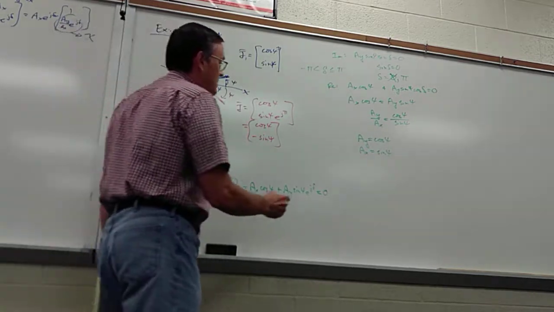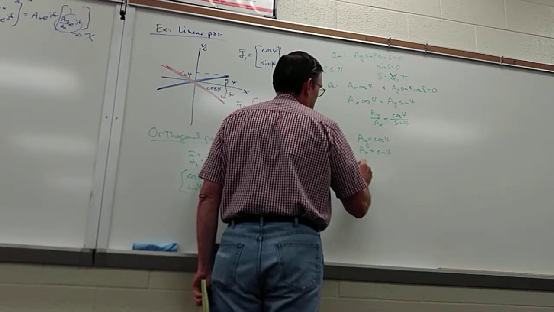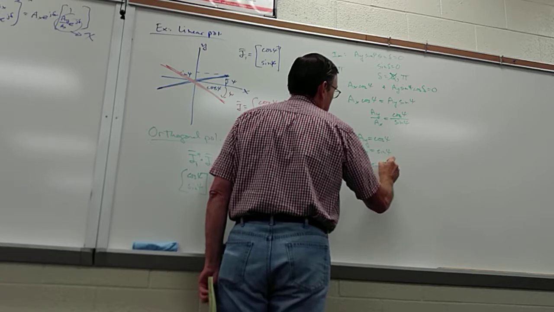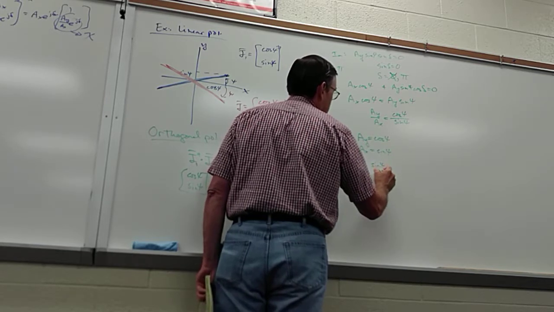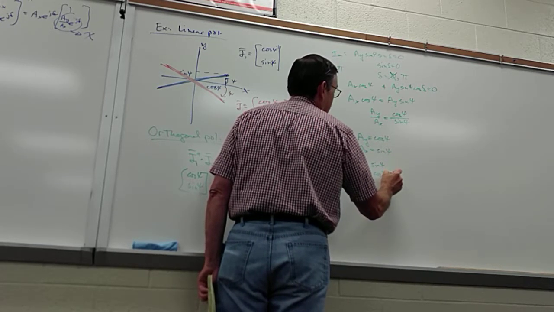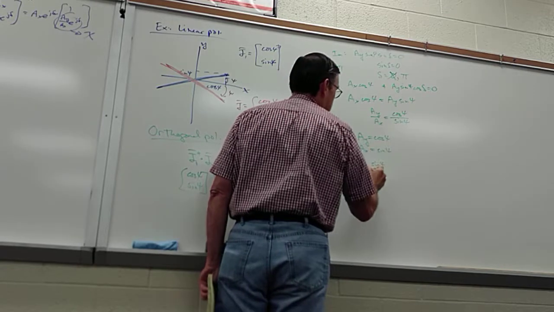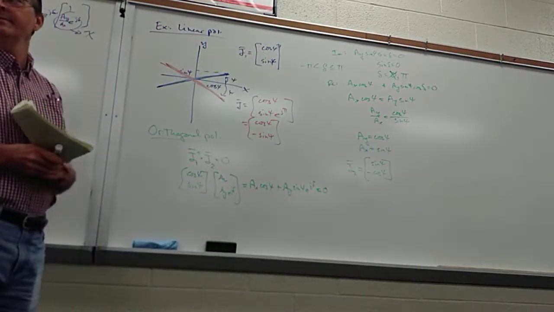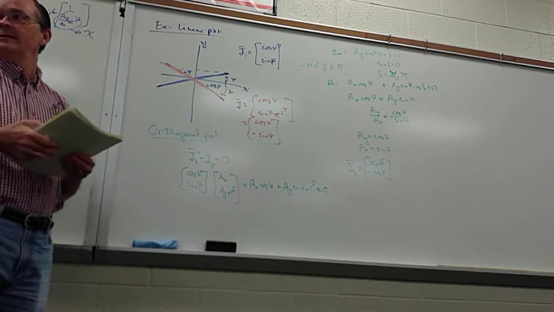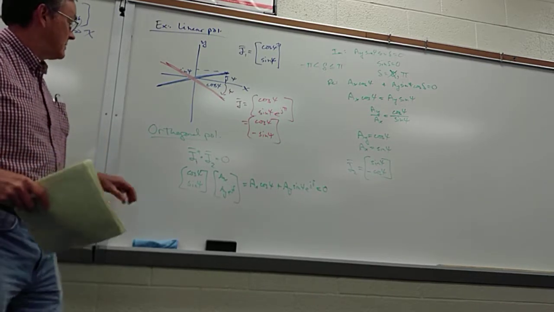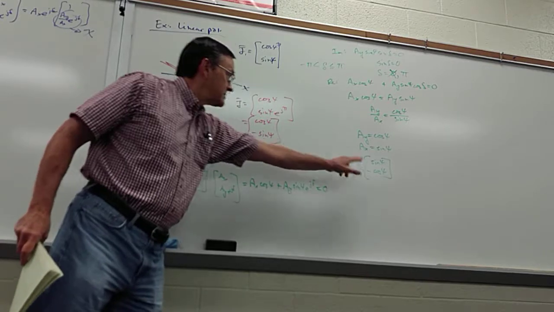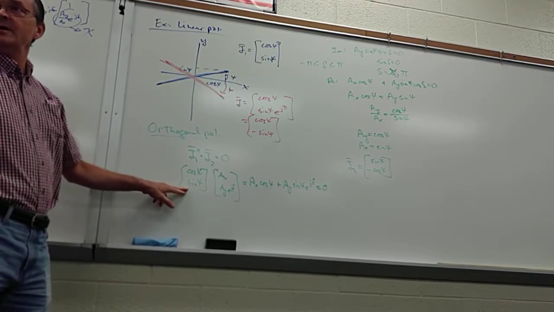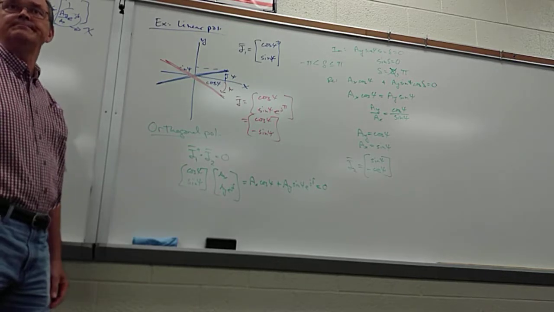So that means that J2 is going to be ax, which is sine of psi, ay, which is cosine of psi, and then I have e to the j pi, which is just a minus 1. And then comparing that to that, it's clear that if I do a dot product, it's equal to 0.